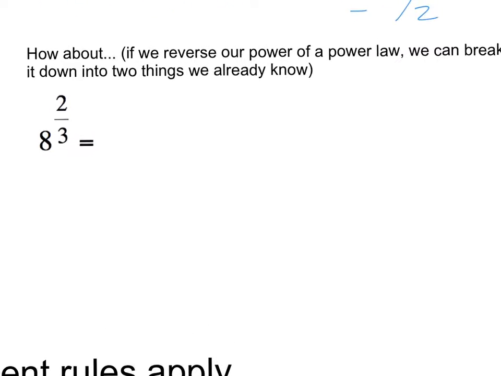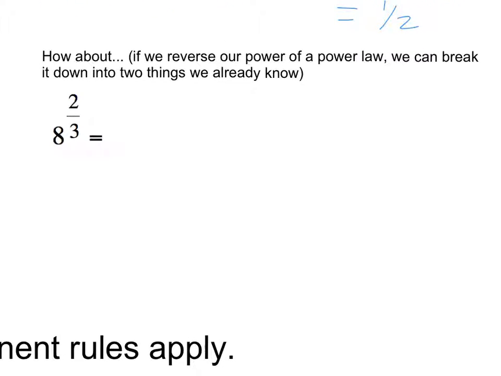How about if we have something like 8 to the exponent 2/3? What we want to do is break it into parts, and we're going to use our power of power law, except we're going to go backwards. How did I get 8 to the exponent 2/3? In brackets, I have 8 to the exponent 1/3, and the whole bracket is squared, because 1/3 times 2 is equal to 2/3.